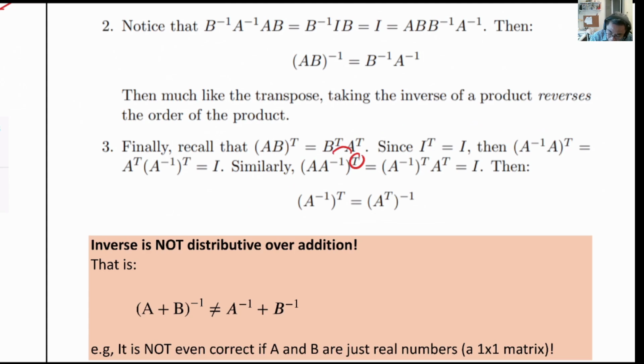Using the transpose law, we open up and move the transpose inside. What we'll have basically is A inverse transpose multiplied by A transpose, and this will still be identity.